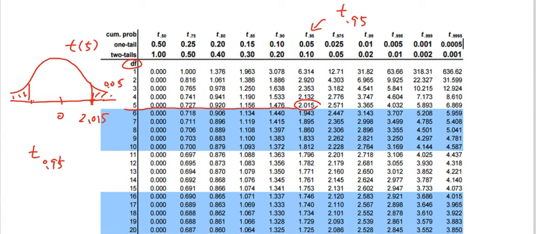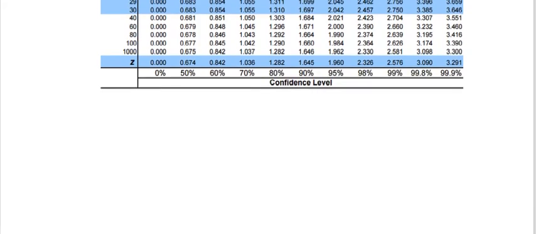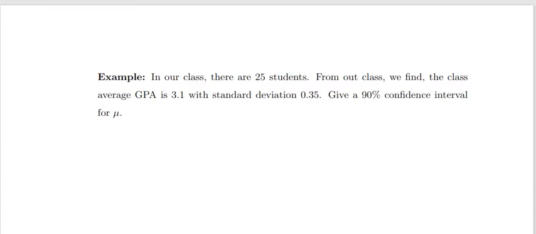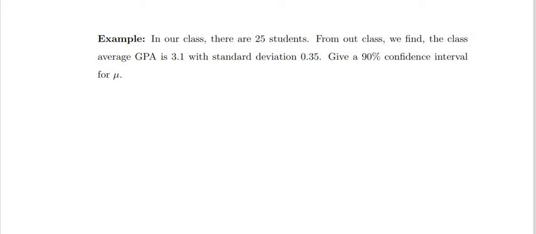Okay, so now let's consider this problem. In our class, we have 25 students, and we find the average GPA in our class is 3.1. So this 3.1 is X bar, right? And also with standard deviation. This standard deviation is from our class, from the sample.